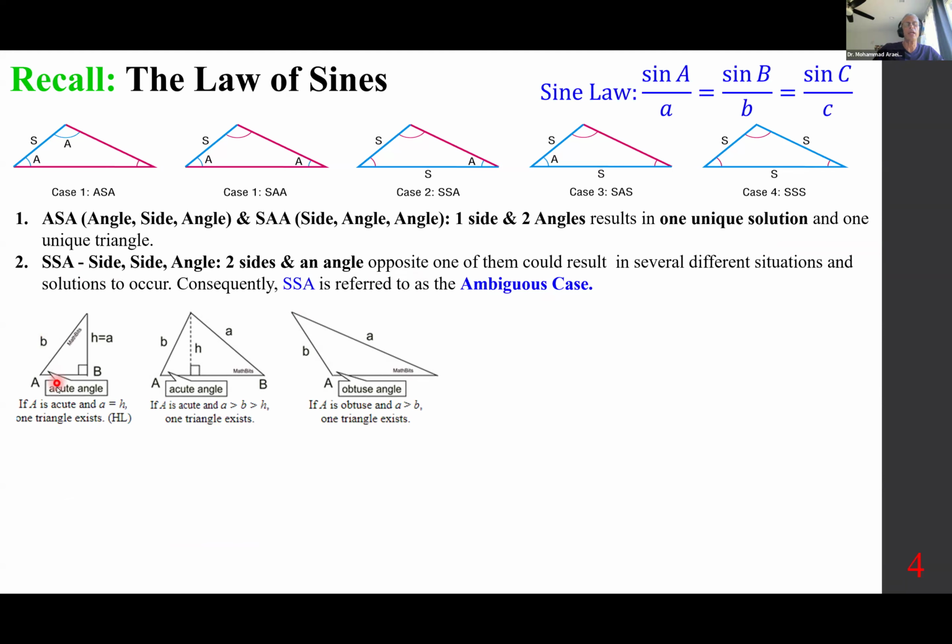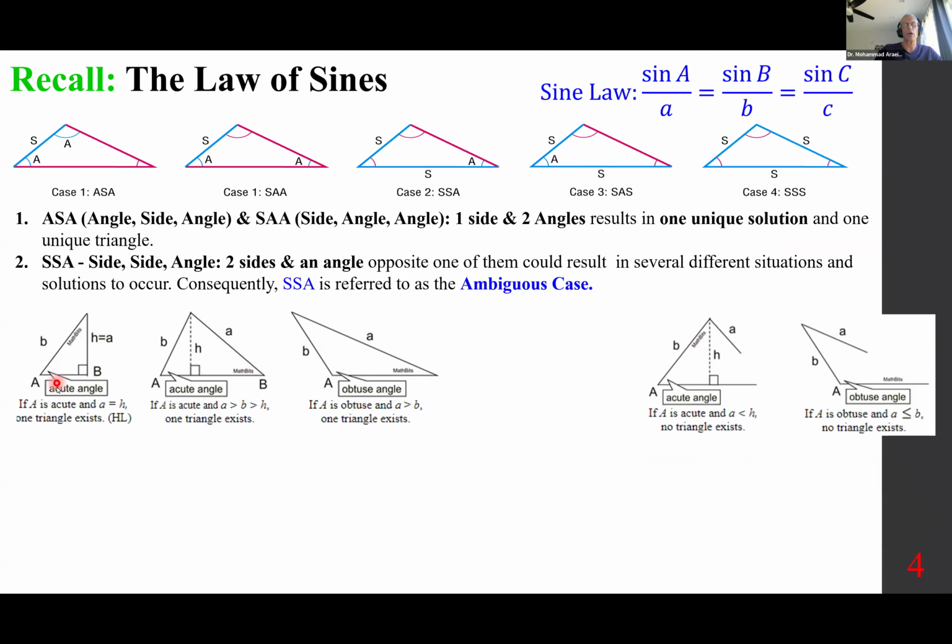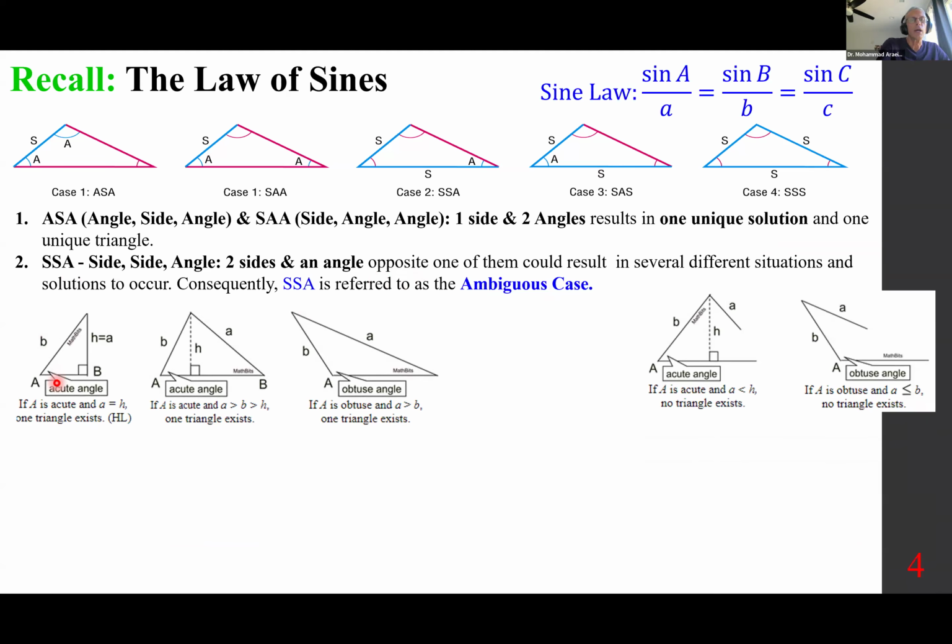If a equals h, we end up with one triangle, which is a right triangle. If a is larger than h, and a is larger than or equal to b, we have one triangle. In this case, we could end up with no triangle. If A is acute and a is less than h, no triangle exists.